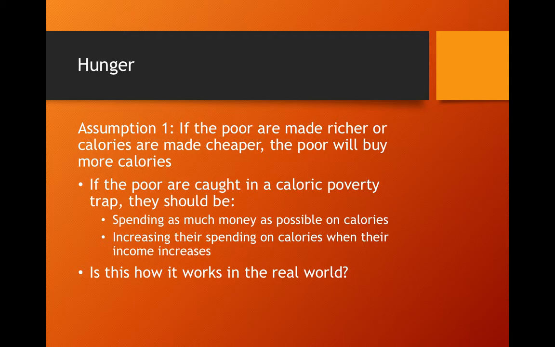Banerjee and Duflo point out a few facts here that are really important. First of all, we're assuming that people are spending as much money as they possibly can on calories. If we think the poor are caught in a calorie poverty trap, then they should be spending as much as they can on calories, right? We also would be assuming that if we increase their spending on calories, then their income will increase, right?